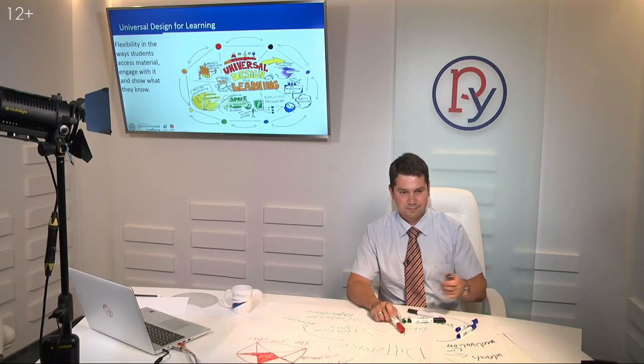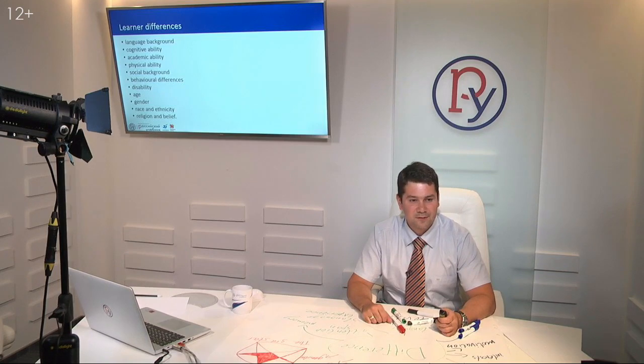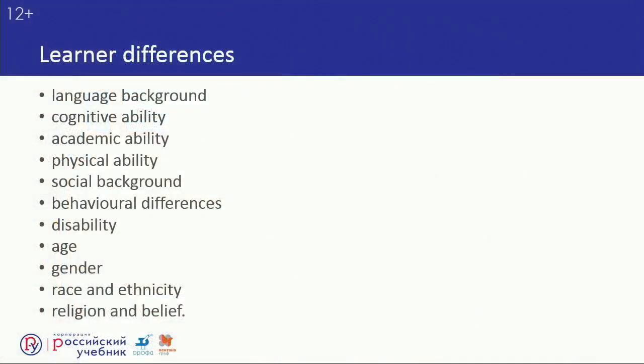Other things. Language background, so yeah, that was the point made by Vladislav. Cognitive ability, academic ability. We have cognitive abilities, but there is also general academic ability and academic history.